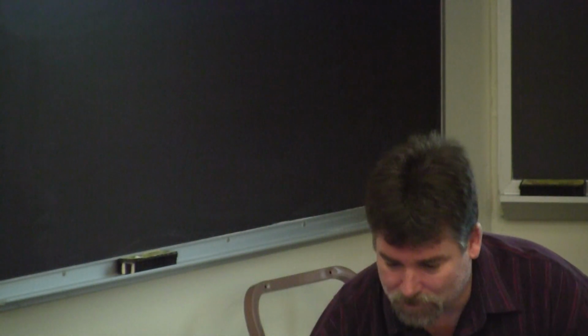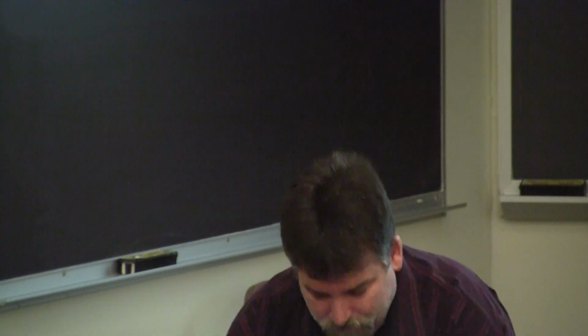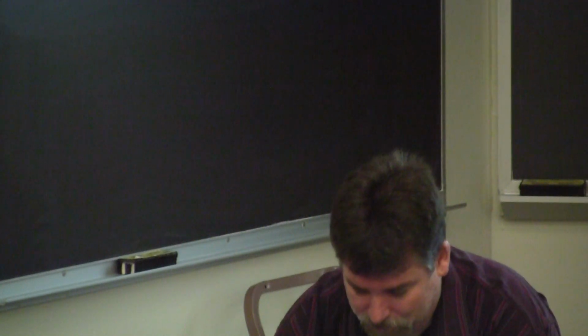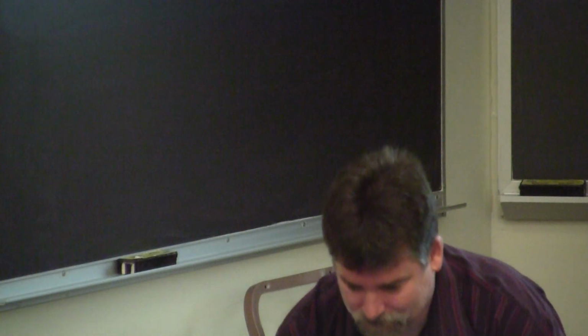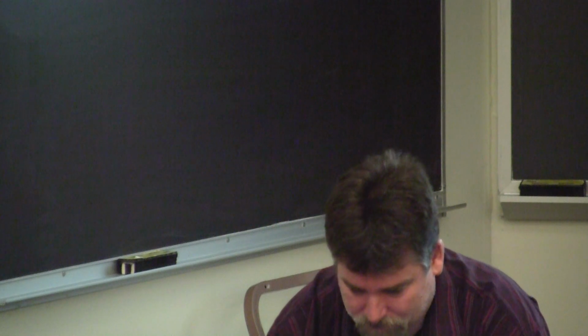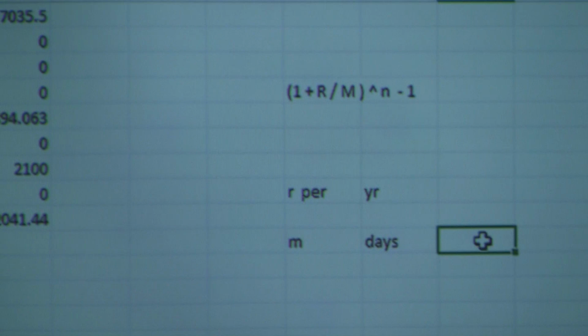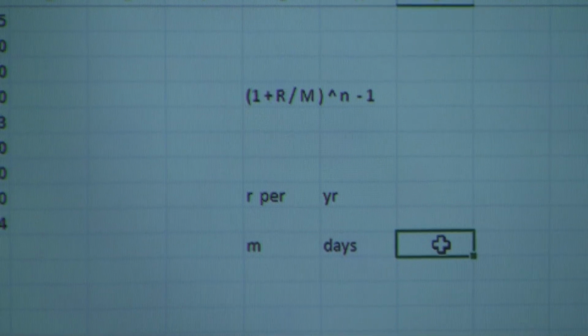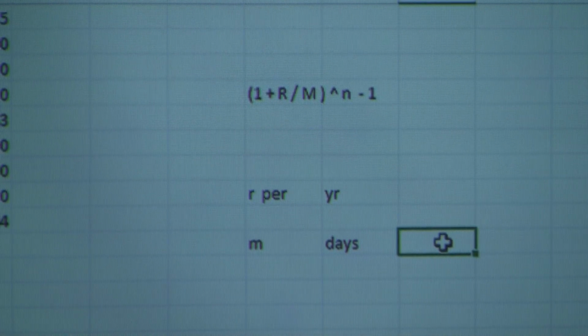And this is how I remembered it. I get my R period, and that's year. Then I get my M period, and that's days. Then I ask myself, okay, how many days are there in a year? Once I've written it down, oh, that's easy.